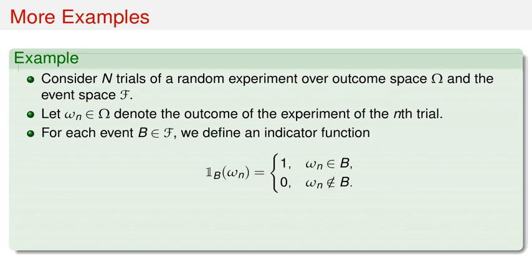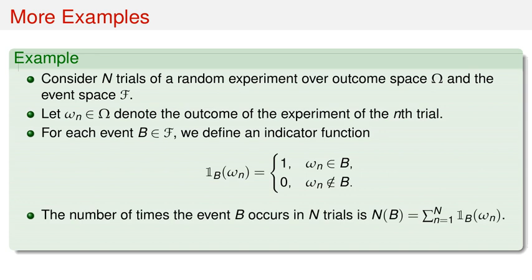For each event B in script F, we can define an indicator function for event B of omega n equals 1 if omega n is in B, and 0 if omega n is not in B.